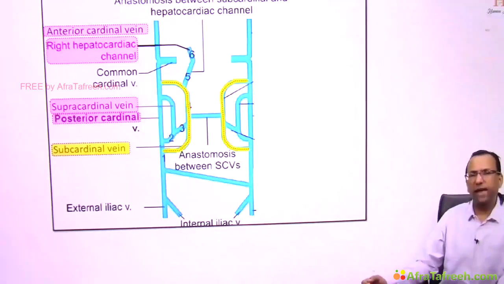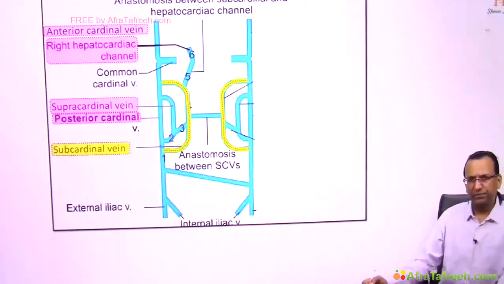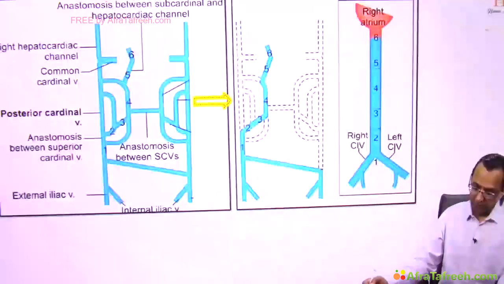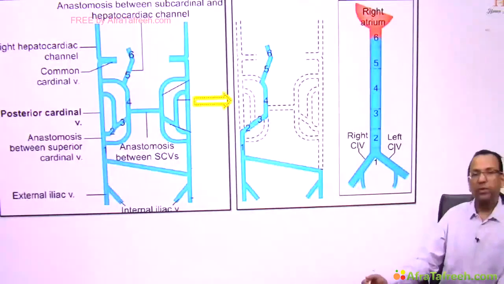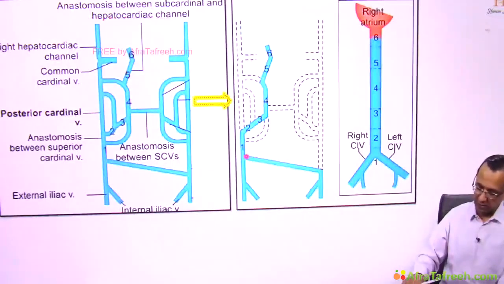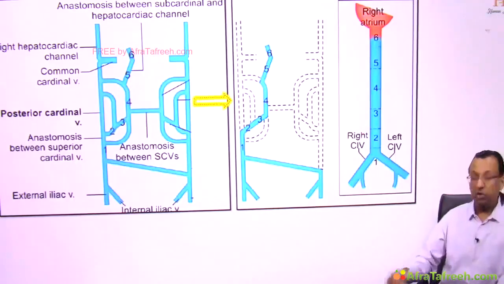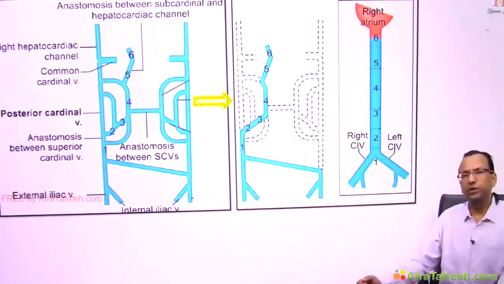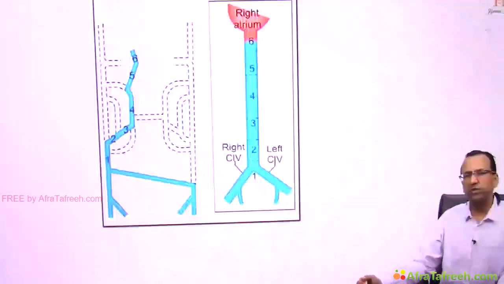So this is all that we have to discuss and draw also. So we have to draw this now: the formation of the IVC. The terminal IVC is contributed by the supracardinal, subcardinal, and also the right-sided vitelline vein. That is how the IVC is formed. It is mostly on the right side.